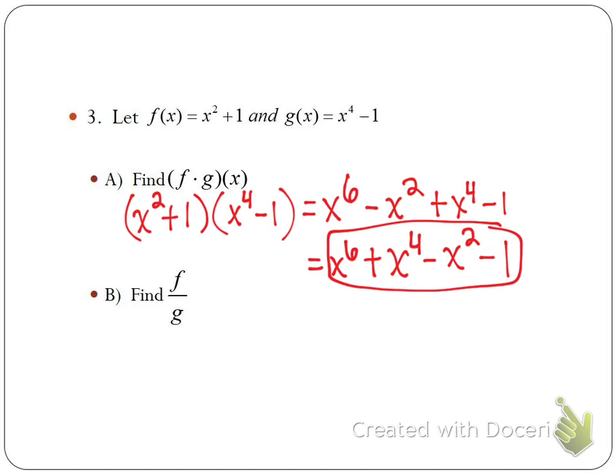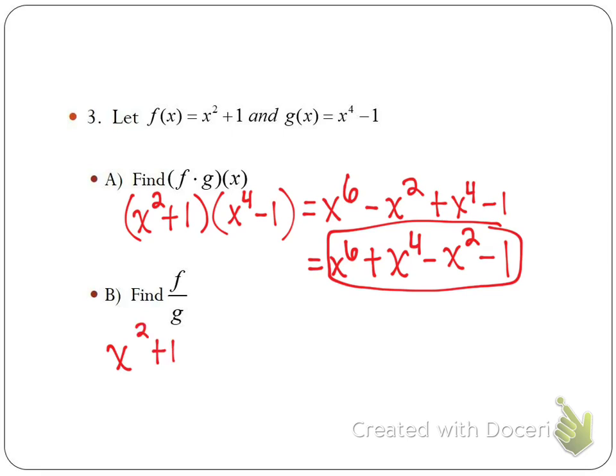All right, on letter B, what operation do we have? Division. We'll go ahead and do the synthetic division way, since that's what some people said they preferred. We'll see if it works on this one. Let's see.